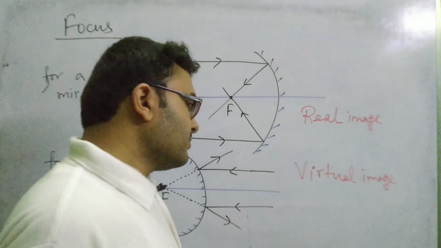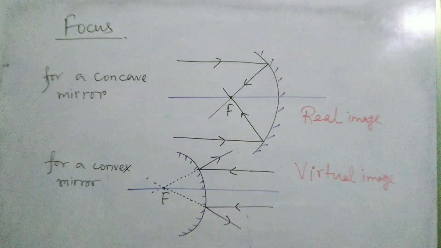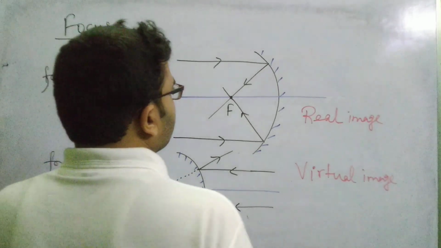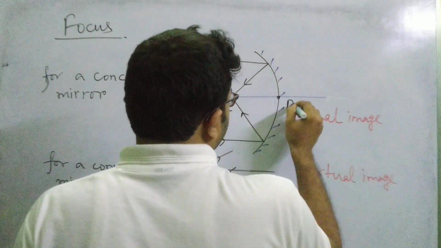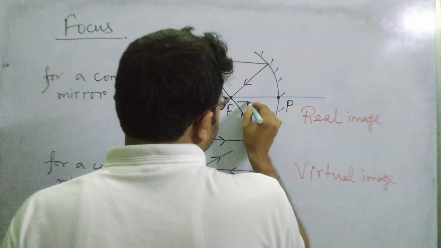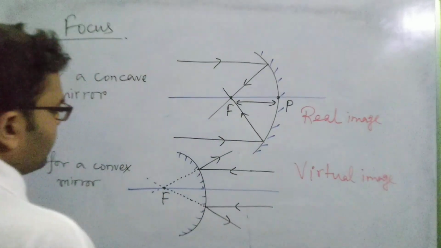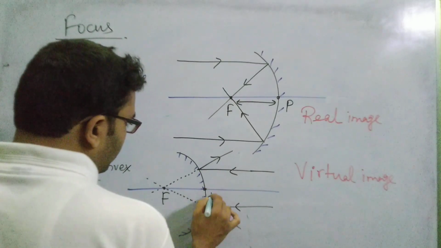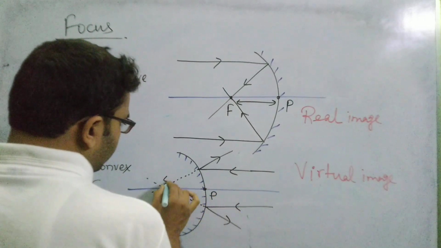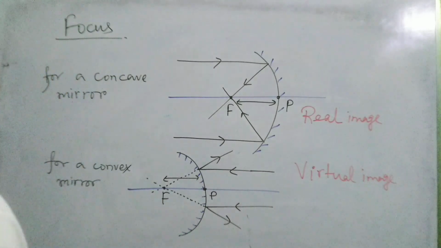Okay, so this was the focus, and another definition was left out, the focal length. If we consider the concave mirror, this is the pole, and the distance between this pole and this focus is called the focal length. In case of a convex mirror also the same thing, this is the pole, the distance between the pole and the focus is regarded as the focal length.